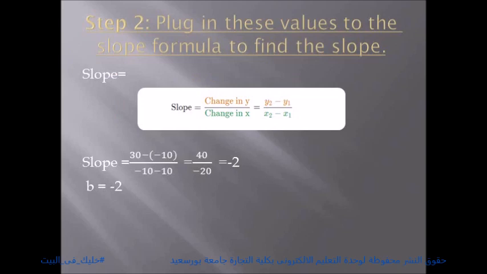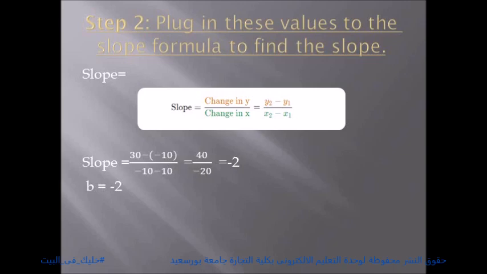The second step is to find the slope, or the value of b. As we mentioned before, the slope equals the changes in y divided by the changes in x, which is y2 minus y1 divided by x2 minus x1.